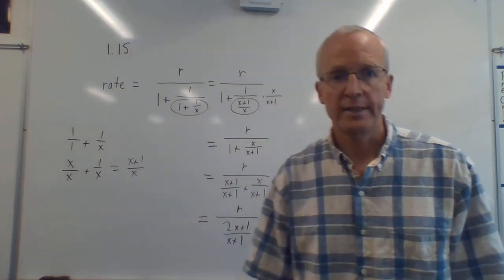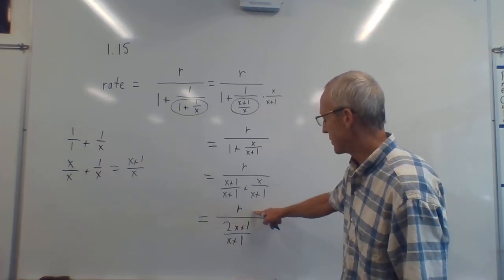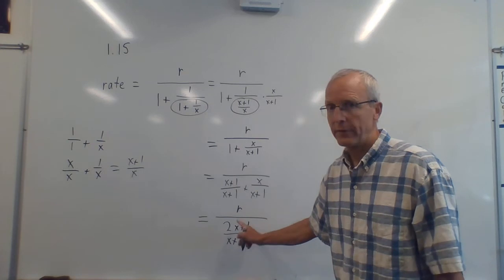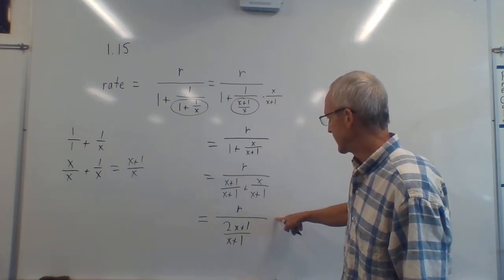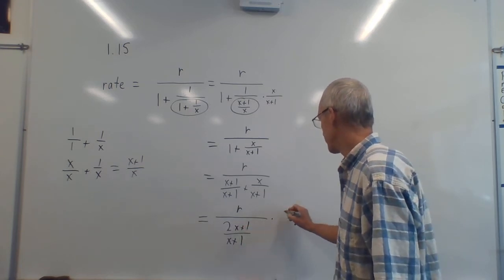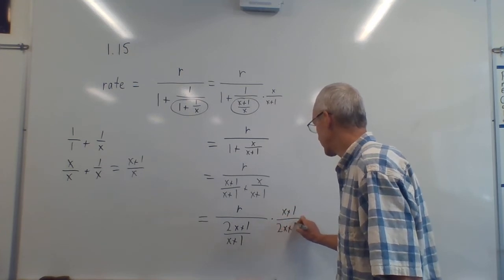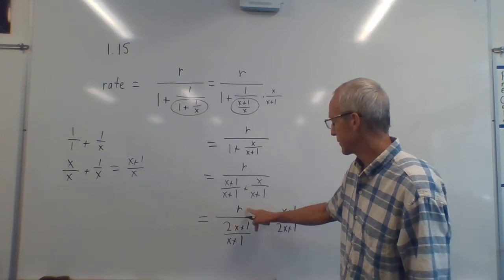And again, now we do the same rule we did before. The bottom of the bottom goes in the top. Or, if you like, dividing by a fraction is multiplying by the reciprocal. The reciprocal is x plus 1 over 2x plus 1. Or again, the 2x plus 1 stays in the bottom and the bottom of the bottom goes to the top.